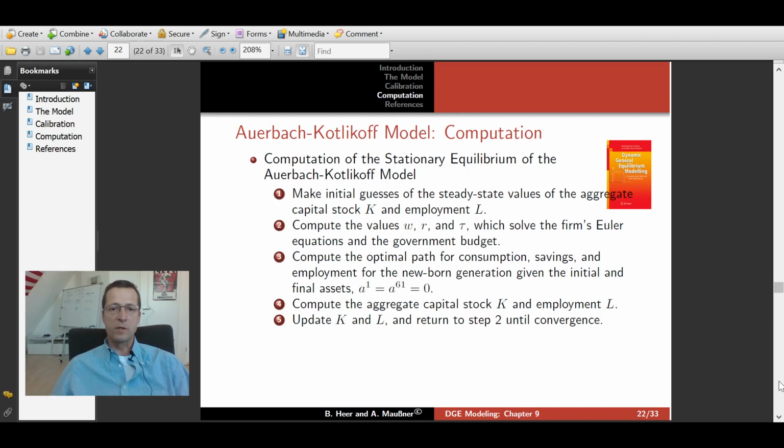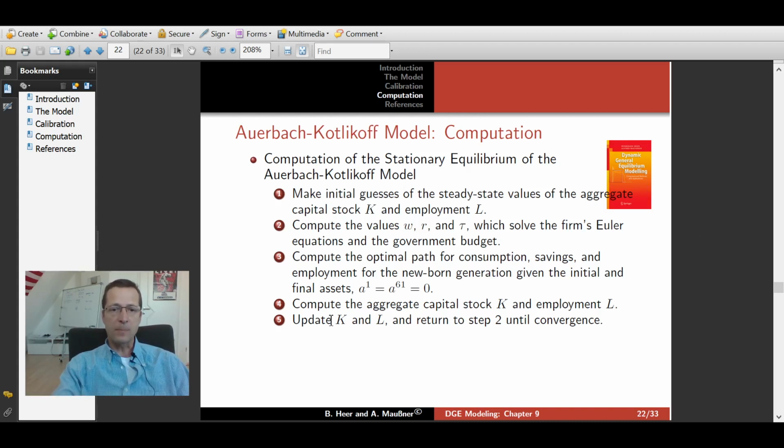Once we have computed these profiles, we just sum up the individual wealths and set it equal to the aggregate capital stock, and sum up the individual labor supply of the 1-year-old, 2-year-old, 40-year-old, and add it up to the aggregate employment L. And if the two values K and L are equal to the ones we started with in step 1, we are done.